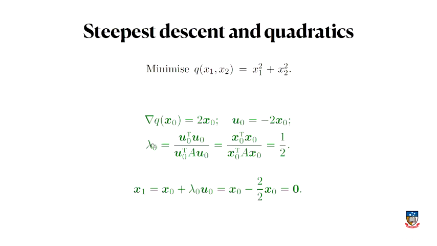I can calculate lambda from the analysis that I just did, from the expressions that I just derived. So plug u_0 into the formula for lambda that I just derived on the board, and I get a half. So it turns out that x_1, my second step, is x_0 take away x_0 equals 0, and that's the minimizer of this.